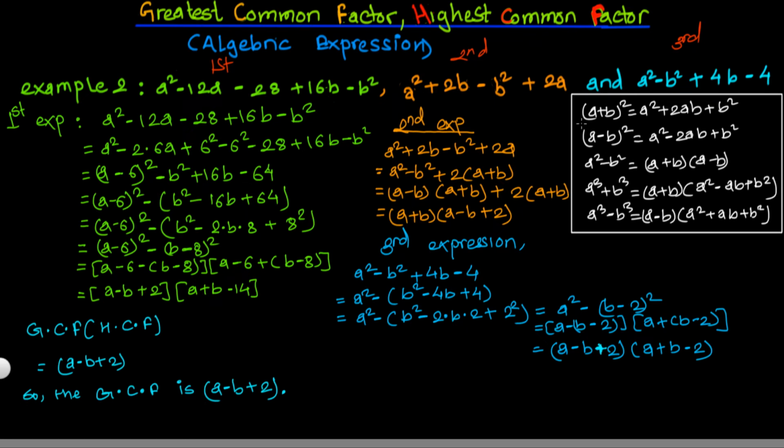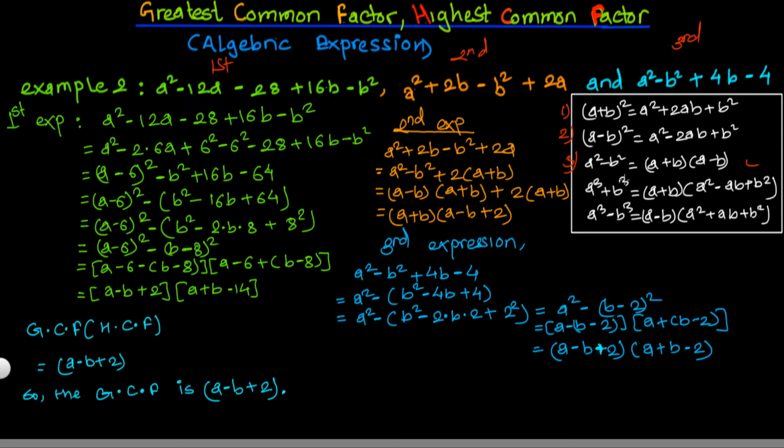Let me show you a few algebraic formulas in order to easily get the H.C.F or G.C.F of the expression. You should be familiar with the a plus b whole square formula, which is a square plus 2ab plus b square. Similarly, you must know the a minus b whole square formula, which is a square minus 2ab plus b square. And the third most useful formula to get the factorization, and hence LCM and H.C.F done, is a square minus b square, which is a plus b times a minus b.